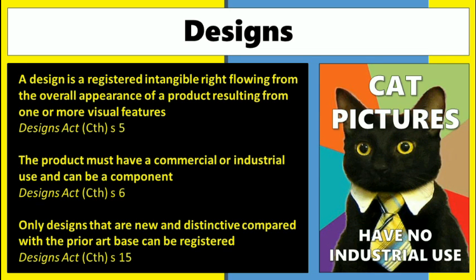The first of these is that designs are really associated with relatively new products that come to the market and are distinctive in some way. They are essentially different in appearance from other products, and that difference is so significant that the law essentially will step in and offer some form of protection.